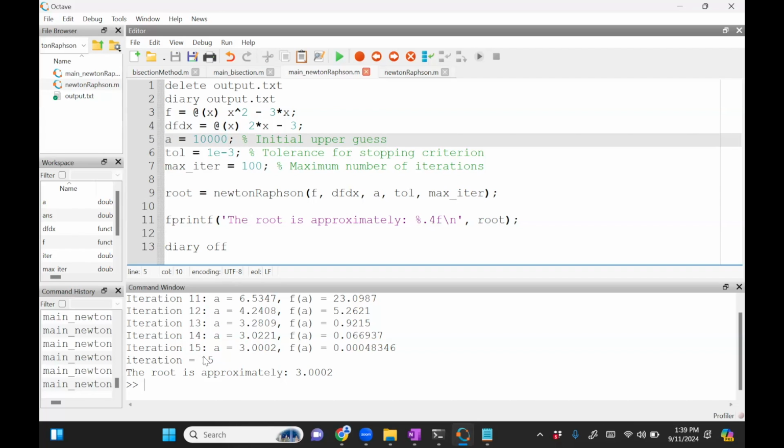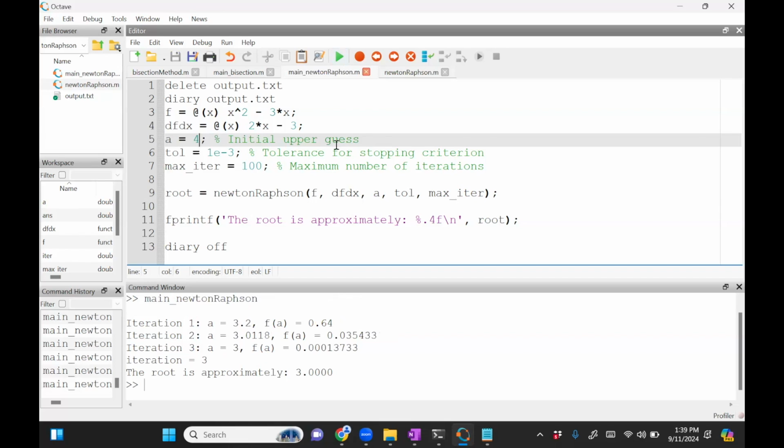One way of figuring out the convergence is to make a plot of the iteration versus f of x, and I think you will see a quadratic curve, which shows it's quadratic convergence. Okay, so this is working, and that's your code. It was originally 4. Okay, any questions?